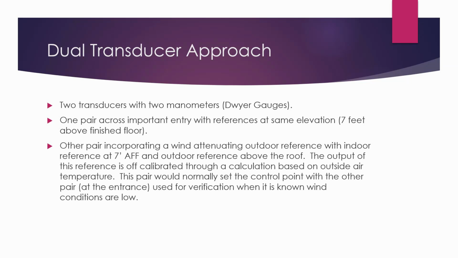So we run a calculation that offsets this sensing based on temperature. So the DDC system knows what outside air temperature it is, and it calculates a correction factor based on that temperature.